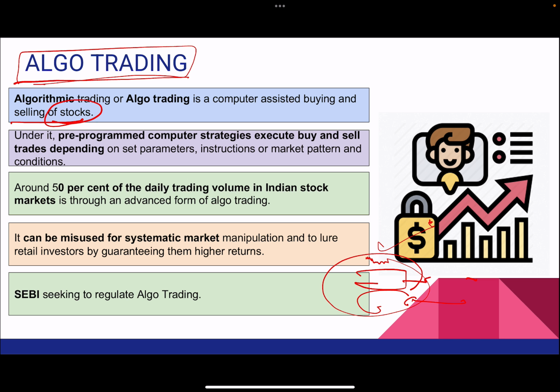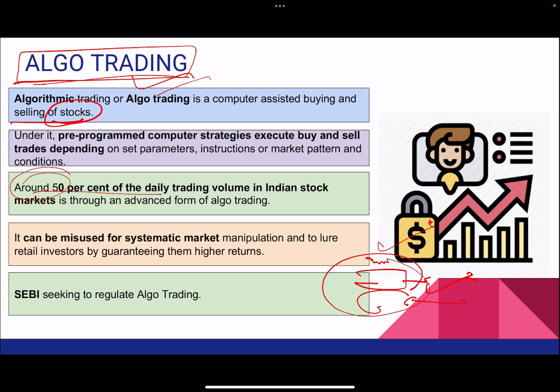If such instructions are already given to the software, then the entire activity is speeded up and done in a very quick manner as compared to human involvement. So around 50% of trading in India happens with algorithmic trading. Not all the trading, not 100% of it, but 50% of it is being traded with the use of algorithms in India. And so there is a possibility that this can also be misused.